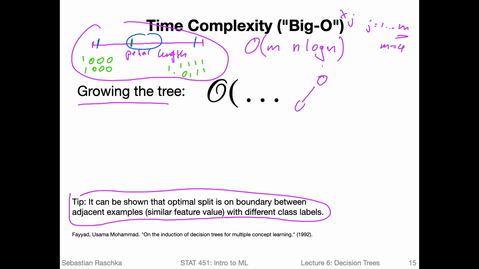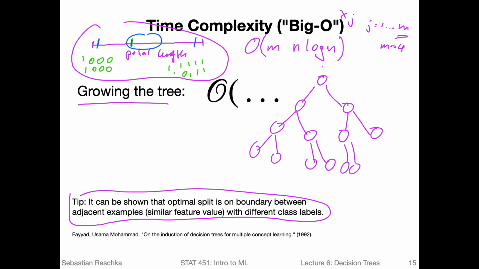So now imagine you have a tree, looks like that. Now, how many nodes are in that tree? How many, let's say, terminal nodes do we have, the leaf nodes?